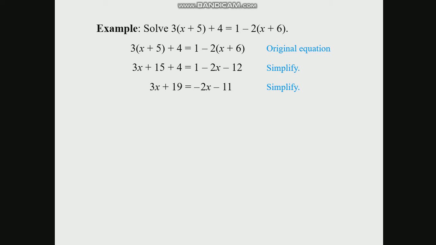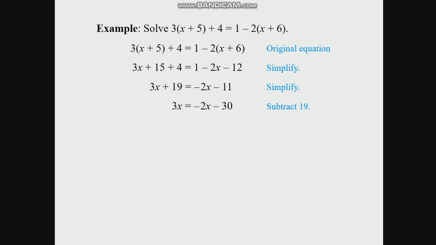Now I'm going to start on step 2, where I put all my variable terms on the left, constants on the right. I'm going to start by subtracting 19 from both sides. So on this side I have 3x, and on the right side I have negative 11 minus 19. I get negative 30.